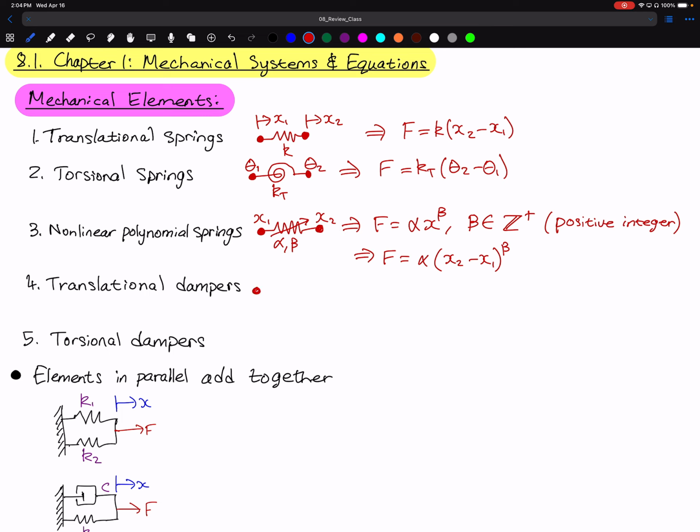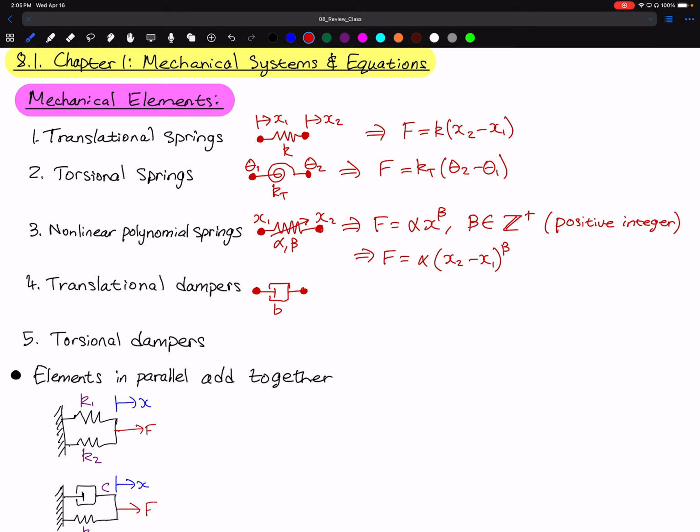We then took a look at translational dampers. We drew using this symbol here. It represents a piston moving in a cylinder filled with some type of oil. This is where this viscous idea comes from. We'll give it a damping coefficient of B. You'll often see C used, sometimes D. It doesn't really matter.